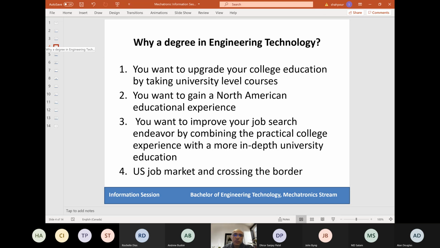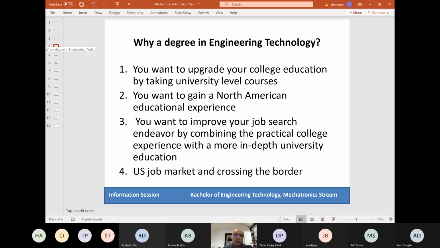For some of our students, it was very important to get this diploma because they were trying to work in the US, and for crossing the border they needed to have an engineering degree. With their college diploma, it was very difficult to get a visa, but after this they were able to get their visa quickly and easily, and that's the motivation for some of our students.